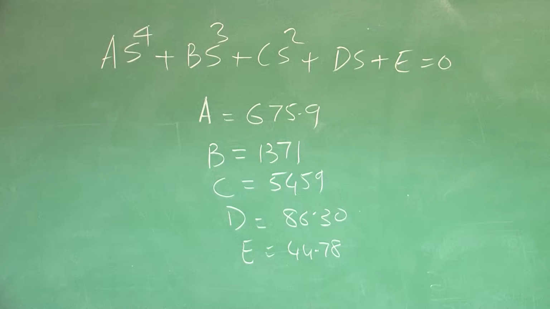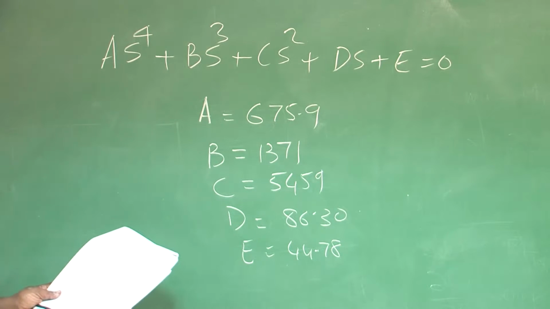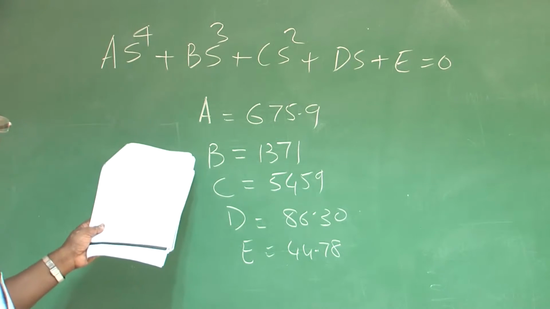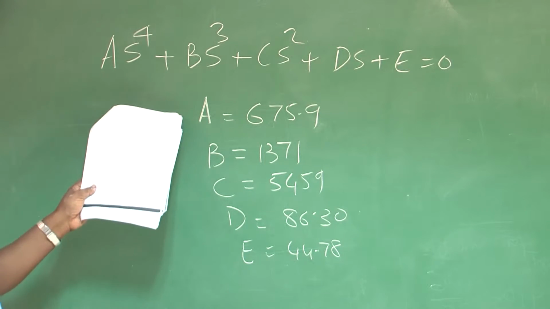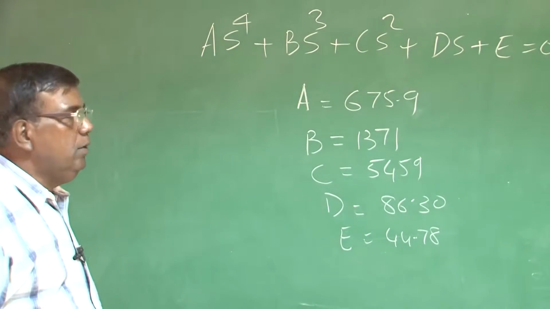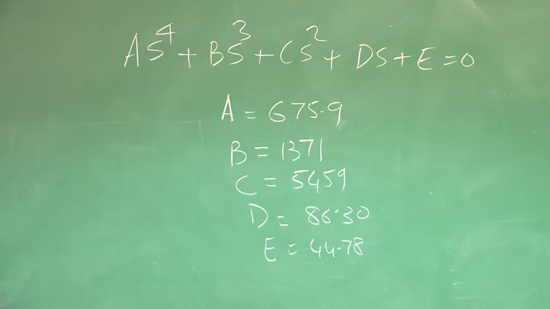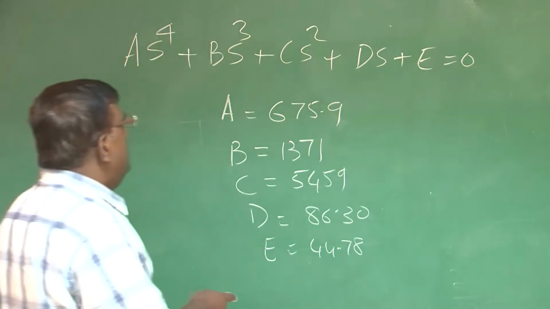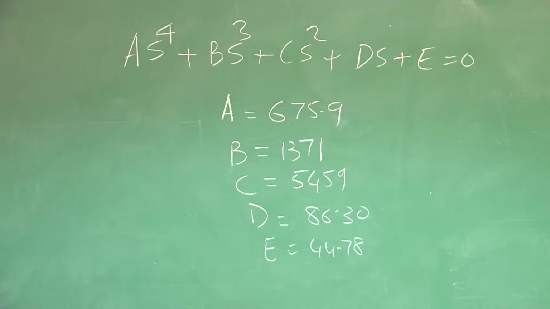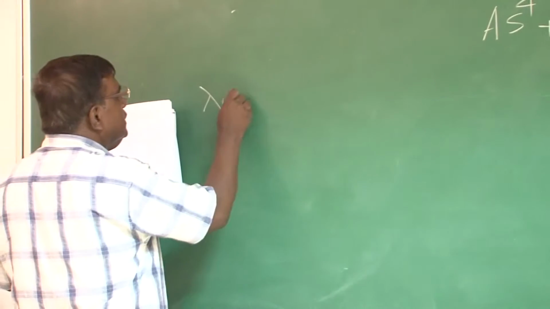You can immediately check, applying Routh criteria, that both the conditions are satisfied. One is that all the coefficients are greater than 0, then the condition of D into BC minus AD minus B square E greater than 0, you can check both these conditions are satisfied. Right? But what we want to find out now is the roots of this equation. And if you apply numerical methods, you will find it will generate roots like this.